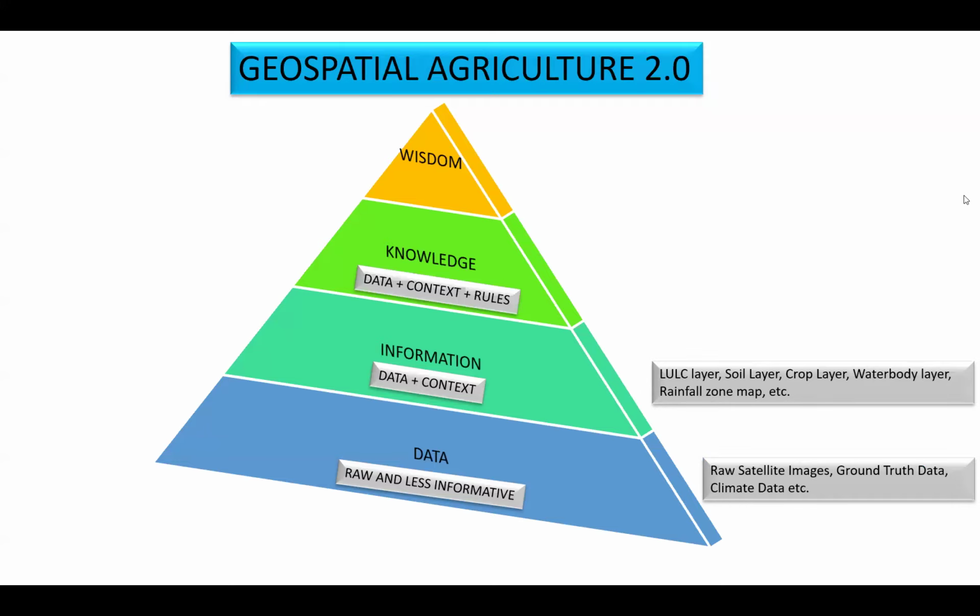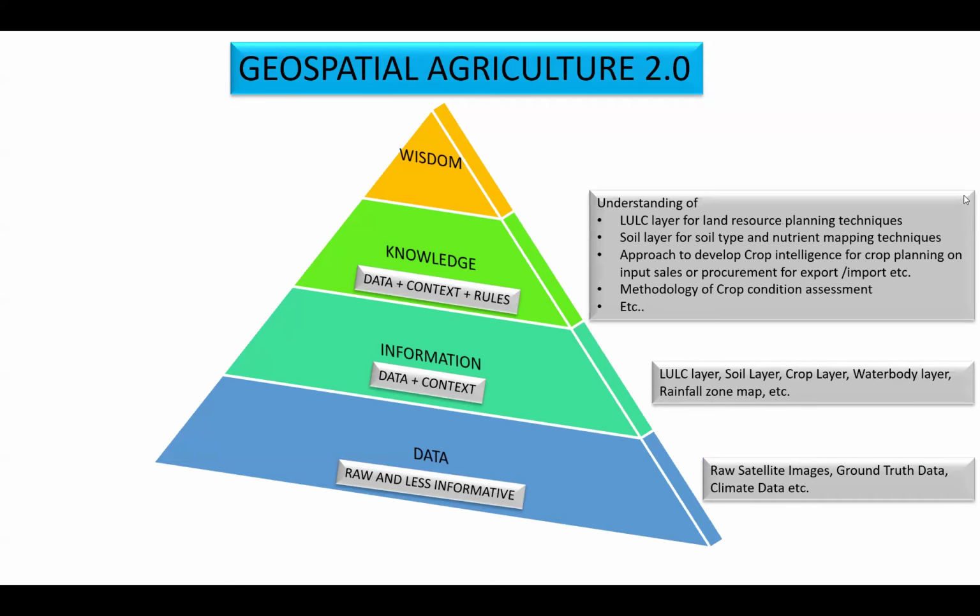And again, if I use some rules on it to do, let's say, crop intelligence, information on where the crop is, what the health of the crop is, how the crop is behaving, and what type of soil it is, whether black soil, red soil, shallow soil, deep soil, this will help me in doing more theme-based analysis.